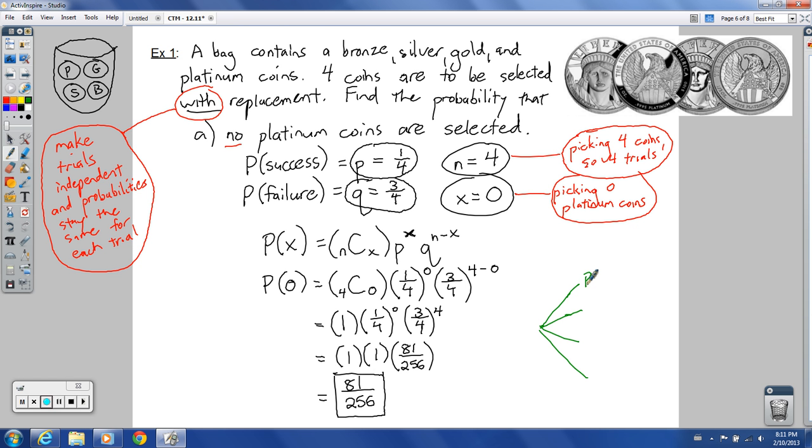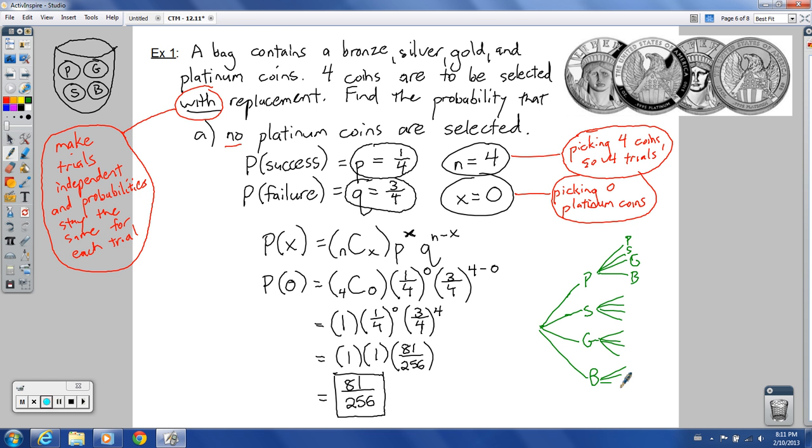So you could have said platinum, gold, silver, bronze, order doesn't really matter. And then from each one of those, this would be your second pick. You could have platinum, silver, gold, bronze. You'd have 4 branches off of each one of these.